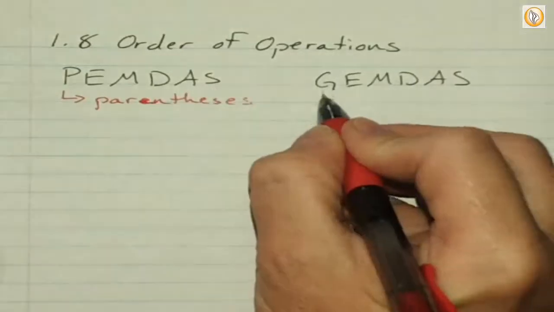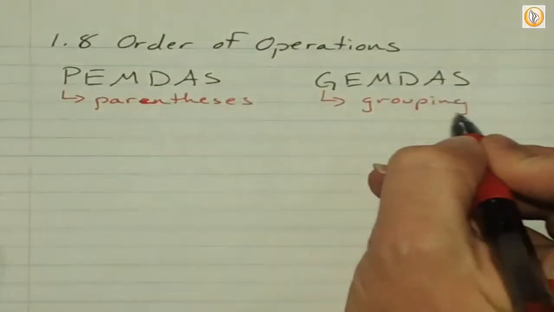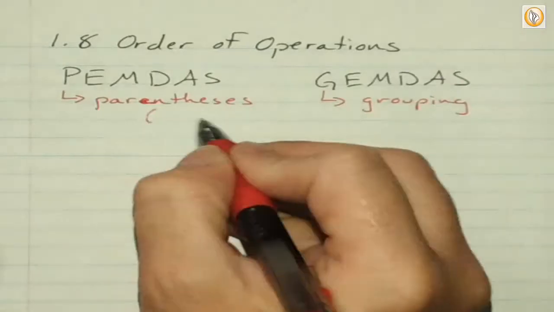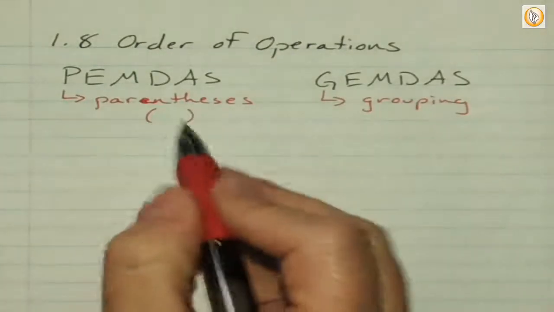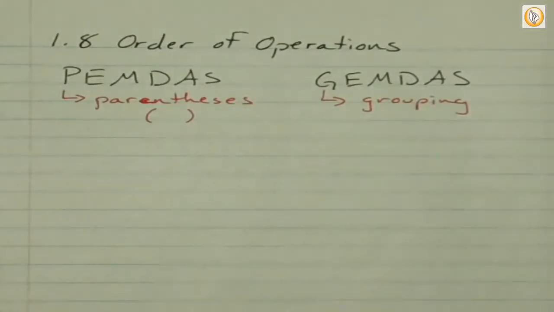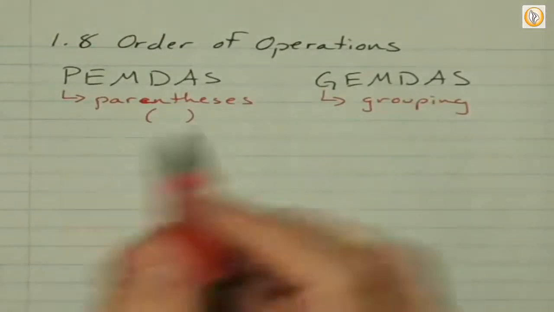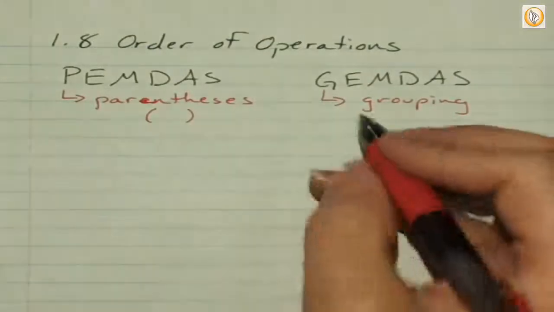I gotta spell it correctly. And the G means grouping. Same thing, but let's remember parentheses was that. But it's grouping. So this was understood that it was all the different types of grouping. So then they said, well, then why don't we just change it to GEMDAS instead of PEMDAS so we don't confuse the kids.